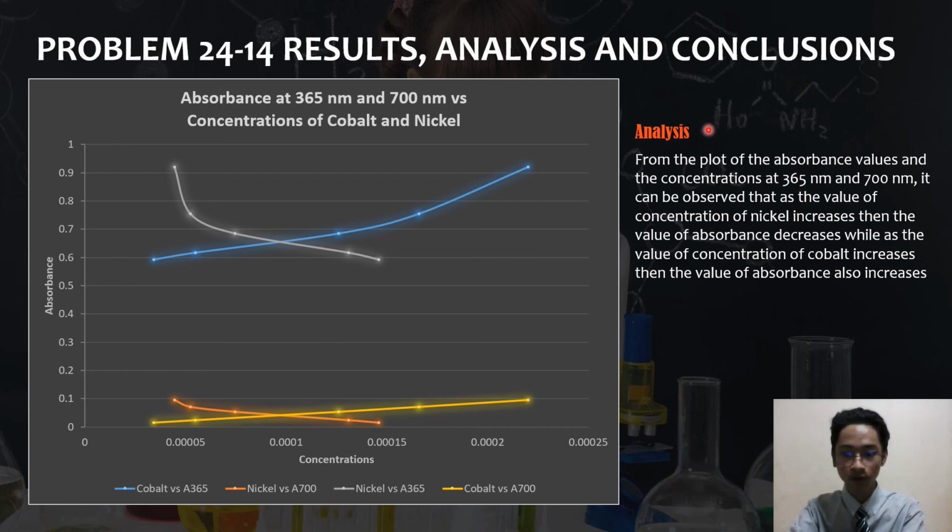From the plot of the absorbance values and the concentrations at 365 nanometer and 700 nanometer, it can be observed that as the value of concentration of nickel increases, then the value of absorbance decreases, while as the value of concentration of cobalt increases, then the value of absorbance also increases.